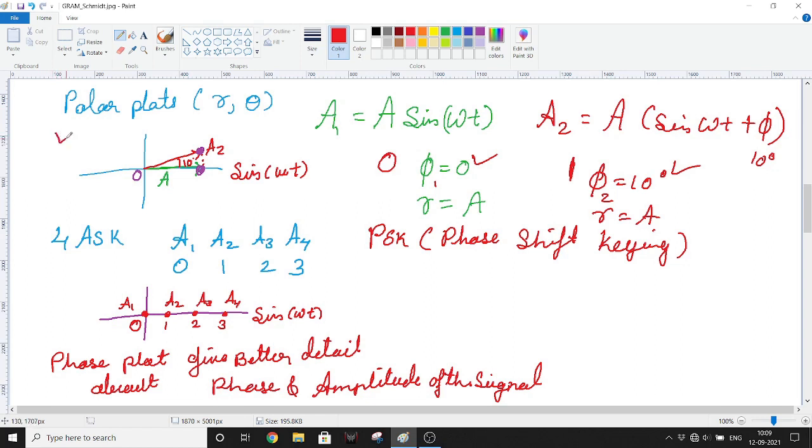So, as shown in the same phasor plot, let's redraw that. So, this is my symbol 0 and at 10 degrees, this is my symbol 1. So this can be represented in a similar way. If this is for the 0 symbol, this is for the 1 symbol, and there is a time period difference here. Have a look.